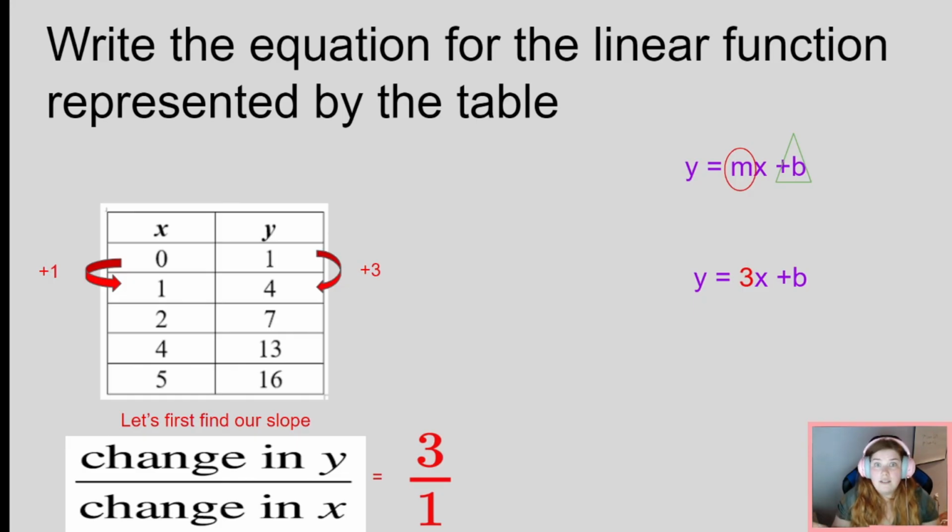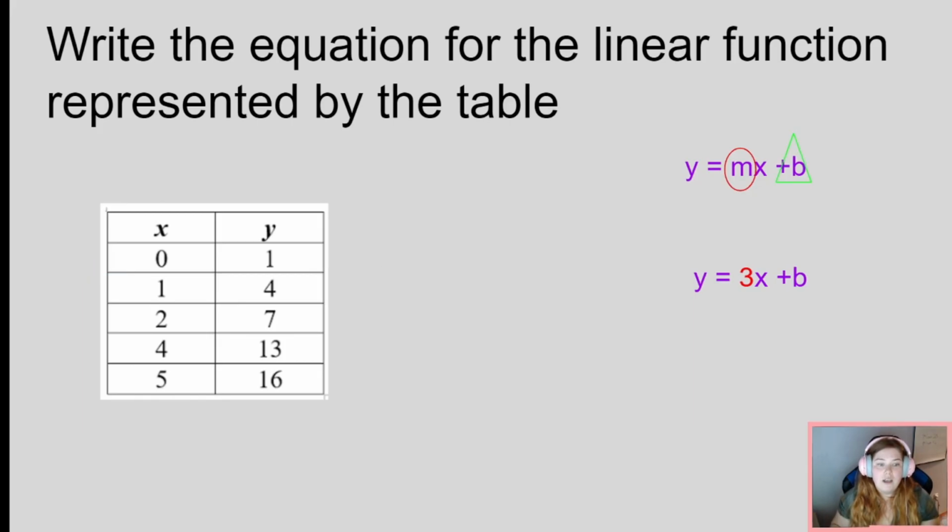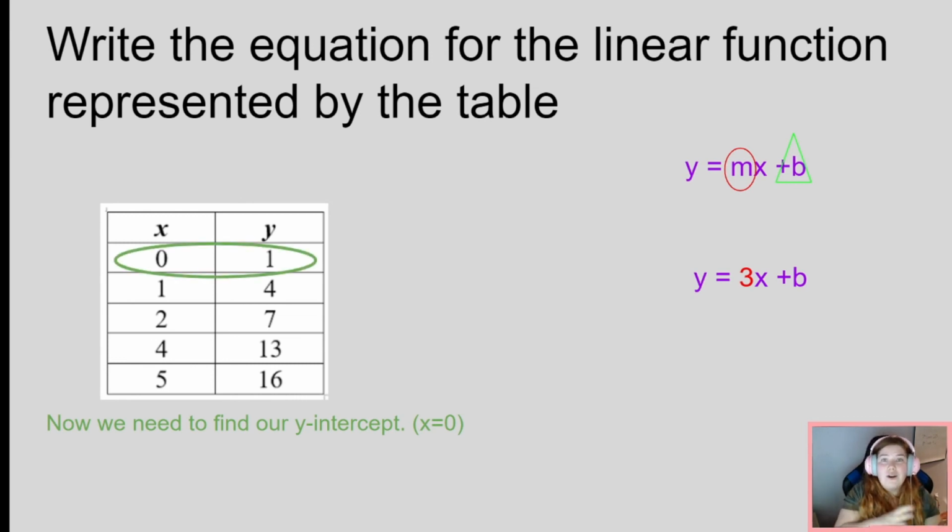So what's next? We have to find that b value, that y-intercept. Remember that the y-intercept is when x is 0. Now look closely at this table. Does it tell us anything? This table is so nice to us because there's no math involved. We can actually see in that first row, we have 0 and 1.